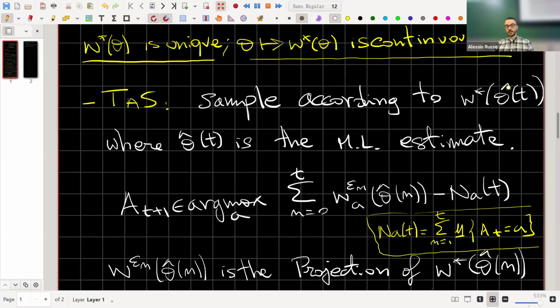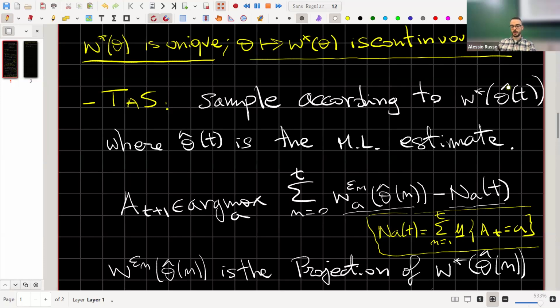This quantity is a sum over all the past rounds of this quantity here, minus the number of times we pulled that action. This quantity is simply the projection of the optimal solution that we computed at theta n. Theta n is our estimate of the model, a maximum likelihood estimate.